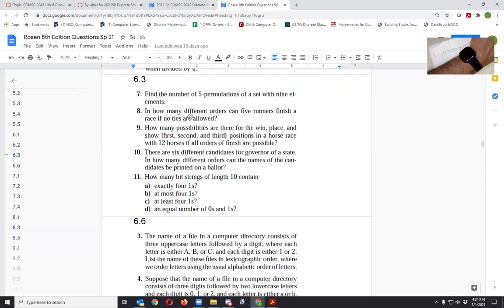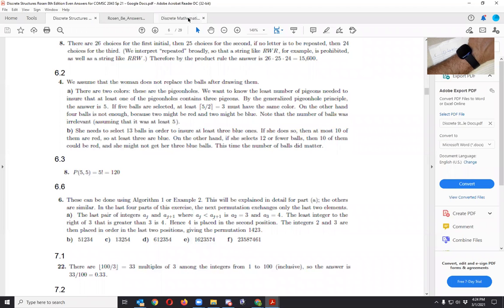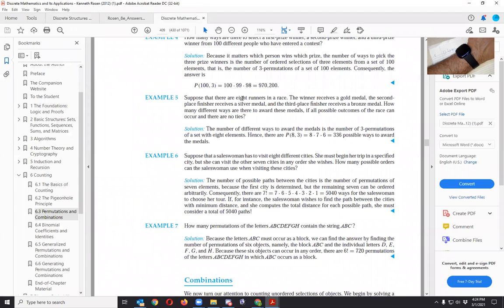Okay, so now let's go back to the book. There we go. 8 runners in a race. The winner receives a medal. How many different ways are there to award these medals? All outcomes can occur and there are no ties. So this is 8 pick 3. All right, so P of 8 comma 3, ours is going to be P of 12 comma 3.